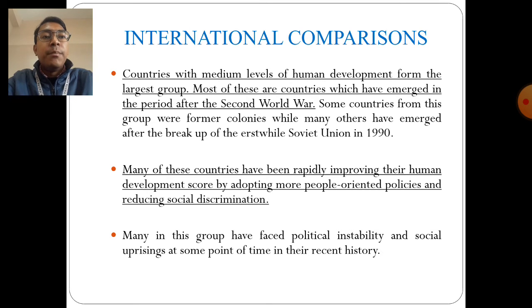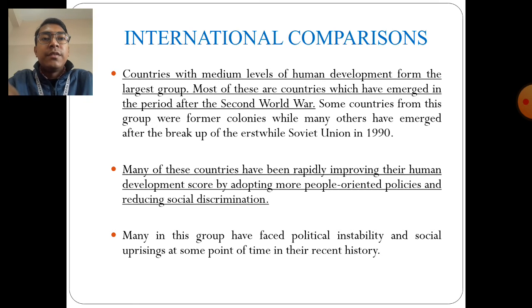So many of the countries which got independence after the Second World War are improving their human development score by adopting people-oriented policies and by reducing social discrimination. Even many of these countries have faced political instability and uprising at some point in their recent history.